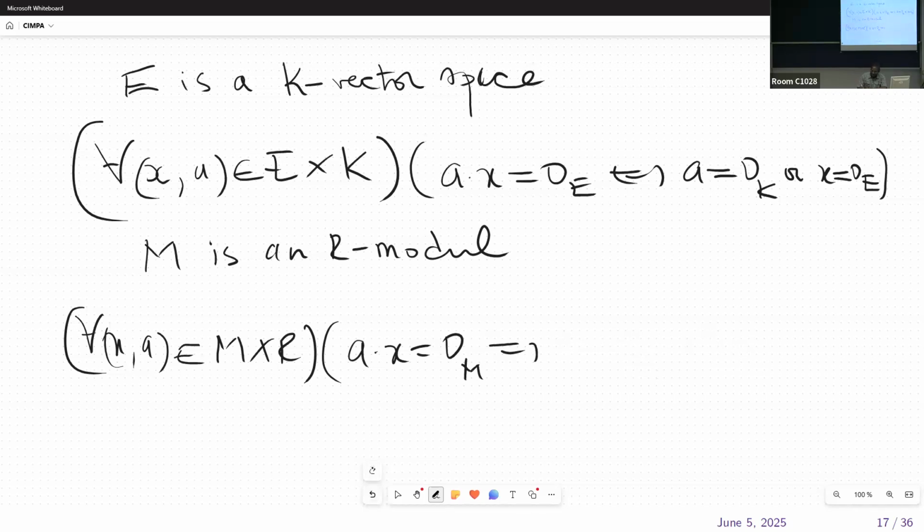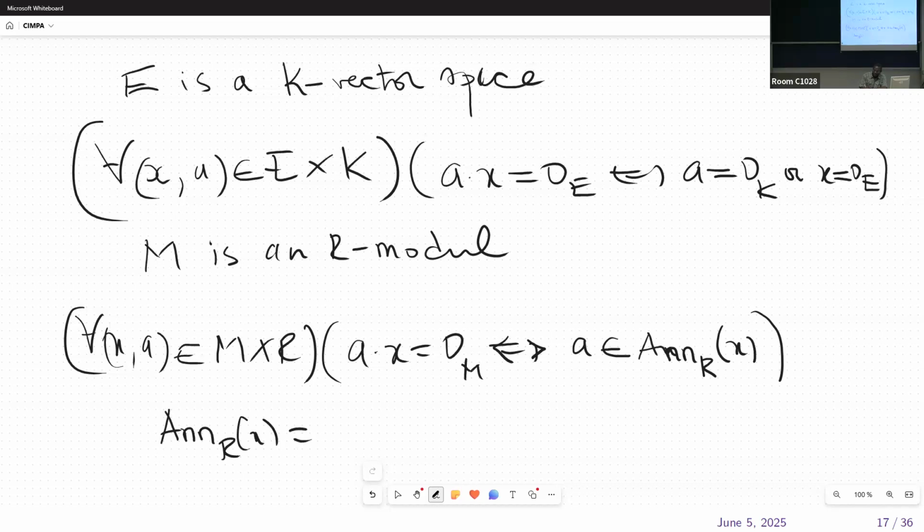This is important. In this case, x belongs to M, and a belongs to the annihilator over R of x. We call that the annihilator of x.